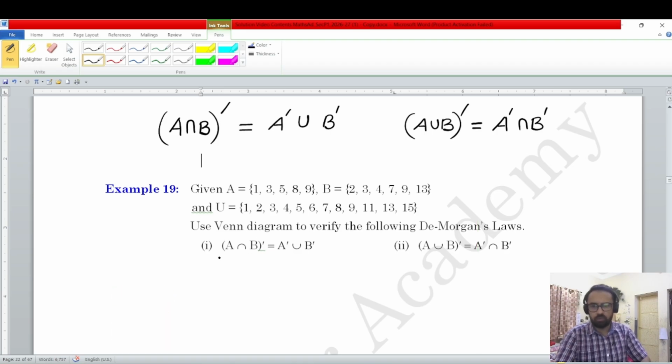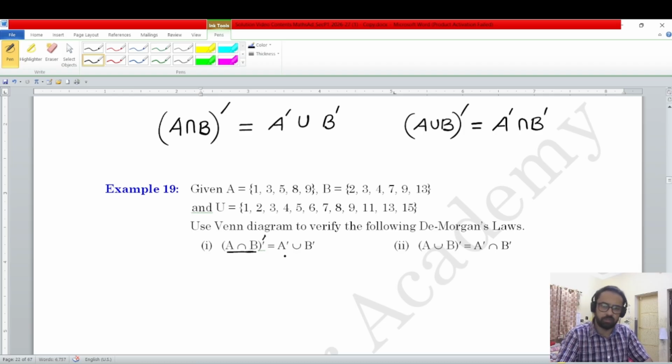So you just find left hand side. How to find left hand side? For this question, U is given, A is given, B is given. So first you find A intersection B, then you find A intersection B complement. Whatever the answer came, that is left hand side answer.